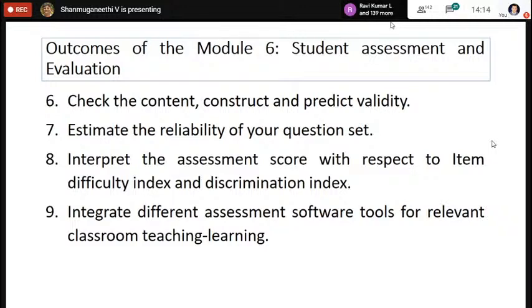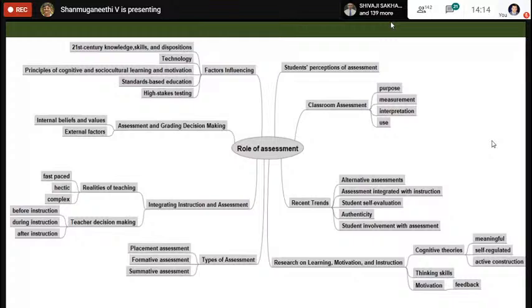Those tools we have discussed in the 9th unit. That way we have prepared the outcomes, and we have 8 units with 9 outcomes in total. Let me go with the basics, the fundamental importance of assessment, because that is the foundation to move to unit 1.